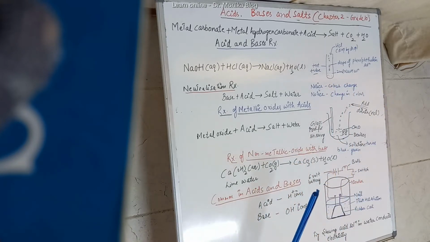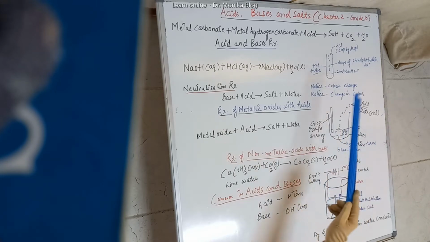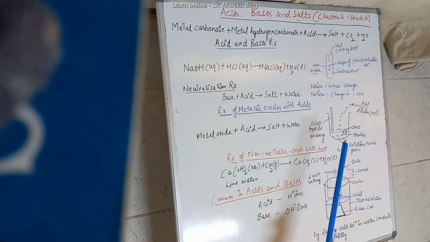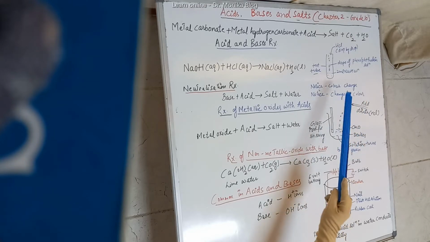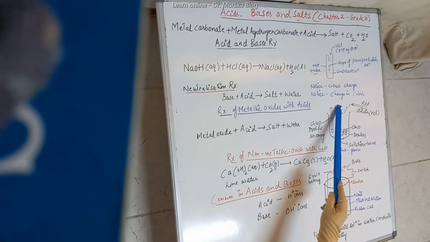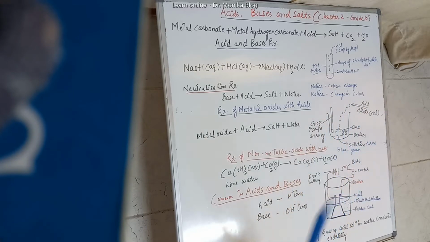Now when the pink color appears, we add dilute HCl solution drop by drop, and again we notice a change in color. We will see that the pink color has disappeared.